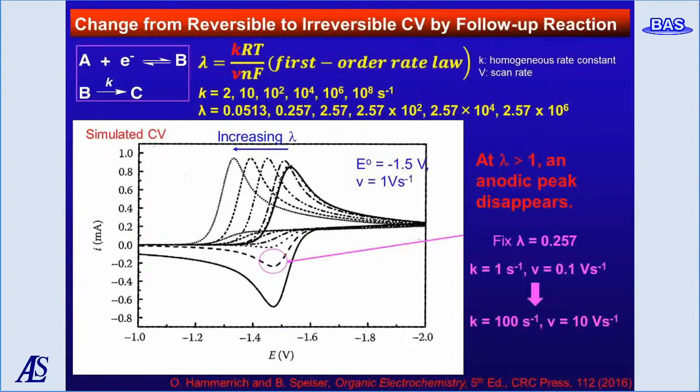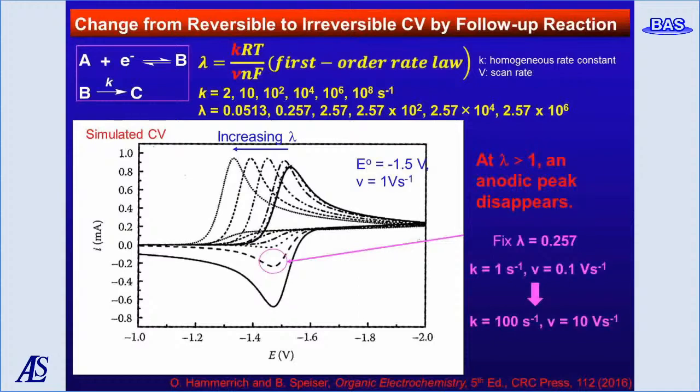In this slide, when lambda is 0.257, we can see the reverse anodic peak as shown in this circle. When you'd like to observe the reverse anodic peak, a homogeneous rate constant of 1 per second at a scan rate of 0.1 volt per second will be enough.